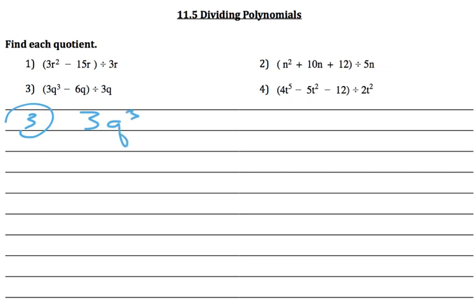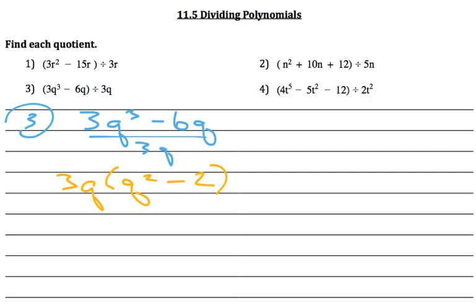3q cubed minus 6q over 3q gets rewritten. And, right off the bat, you might be able to see this factored, or maybe not, to where you could break it apart into 2 terms if you wanted. But I think this is easier done by breaking it into 3q times q squared minus 2.